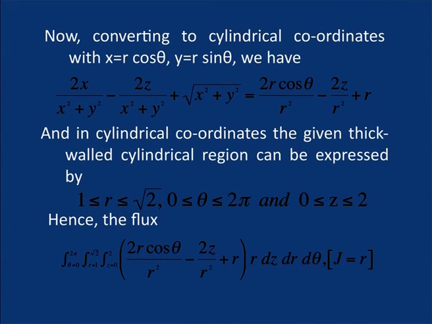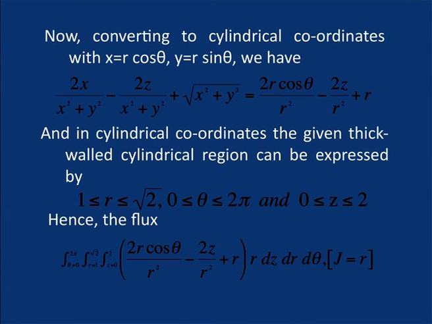This is given in Cartesian form, so we convert to cylindrical polar coordinates with x = r cos theta, y = r sin theta, z = z. The integrand becomes 2r cos theta upon r square minus 2z upon r square plus r.